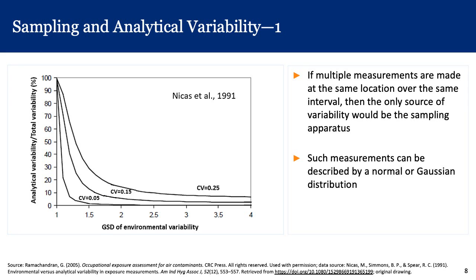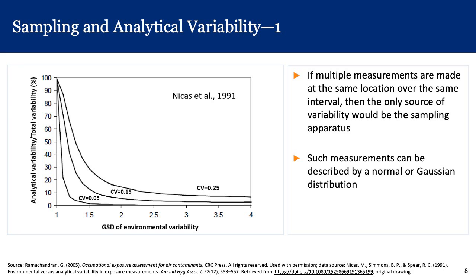If a CV is equal to 0.25 or 25%, it is not a very precise measurement because the ratio of the standard deviation to the mean is 25%. So it's not very precise. And techniques such as optical microscopy would have a coefficient of variation of 0.25.